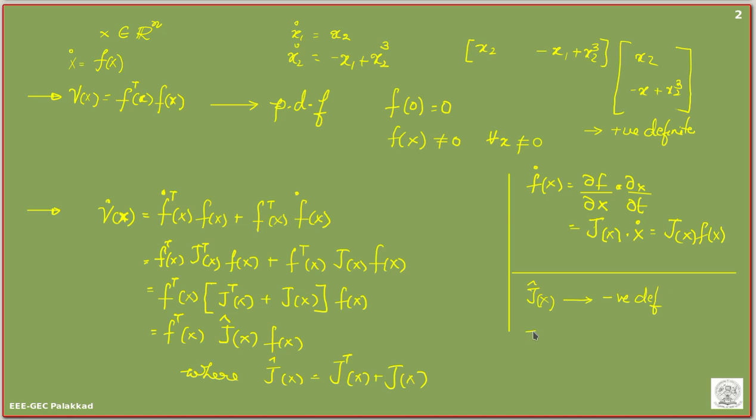This implies that we will see whether minus j hat of x is a positive definite function for all x. This will be a matrix, so for checking the positive definiteness, we can look at the principal minors of the system.